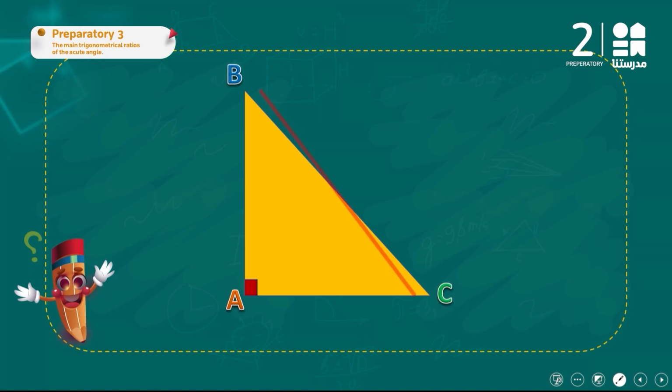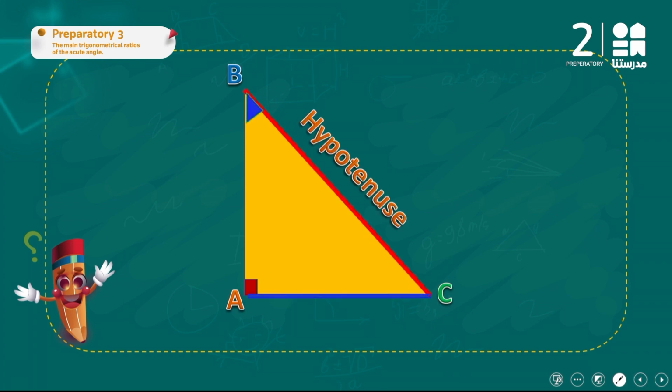Let's see in the right angle triangle, if we talk about angle B, will the opposite and the adjacent differ? Yes, but the hypotenuse never differs. The hypotenuse is constant. It's the side opposite to the right angle. What about angle B?